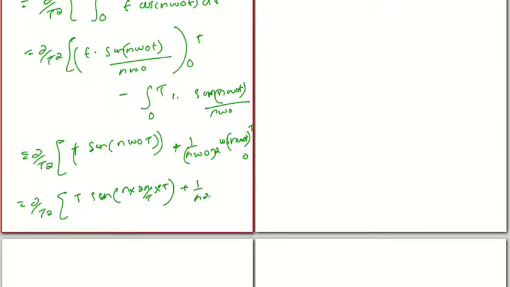So here also we will write cos n omega 0 T minus cos 0.